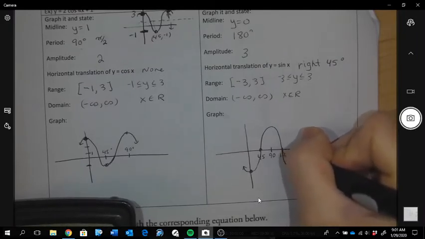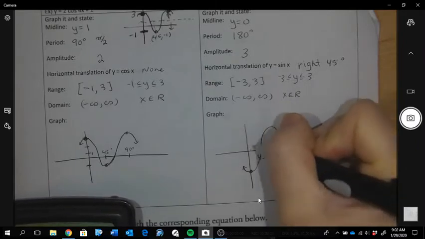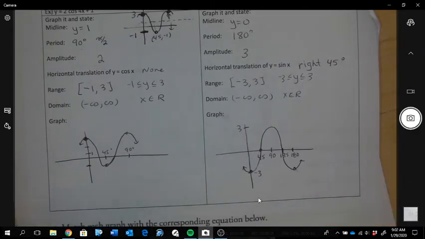This would be 135 and then 180. And then we got to put a 3, -3 to show that's how high and low it went.